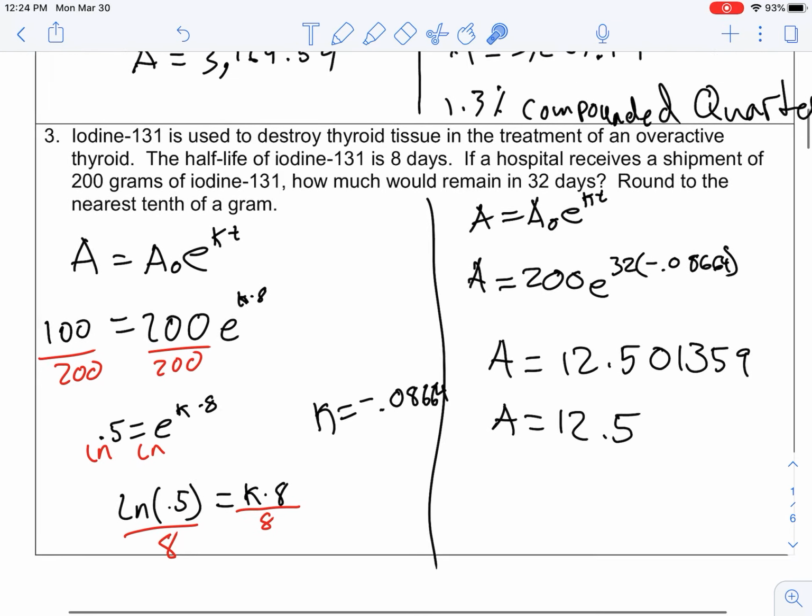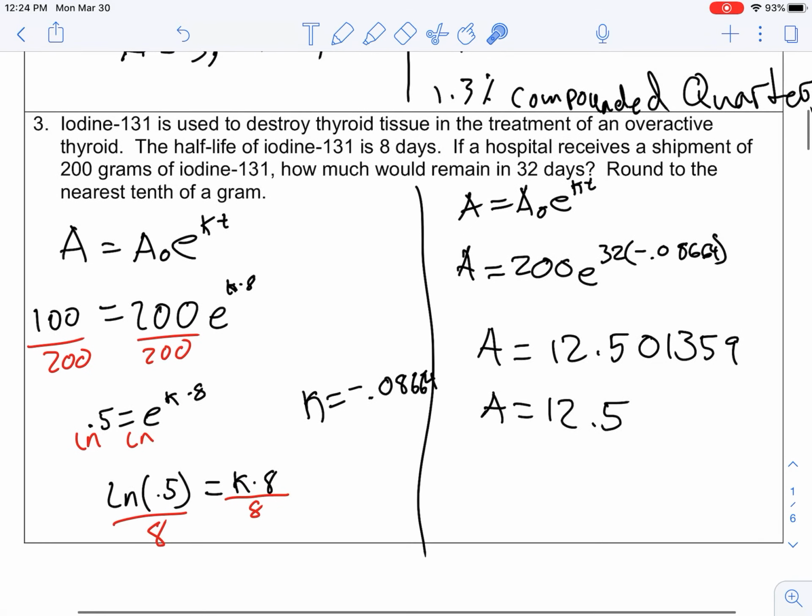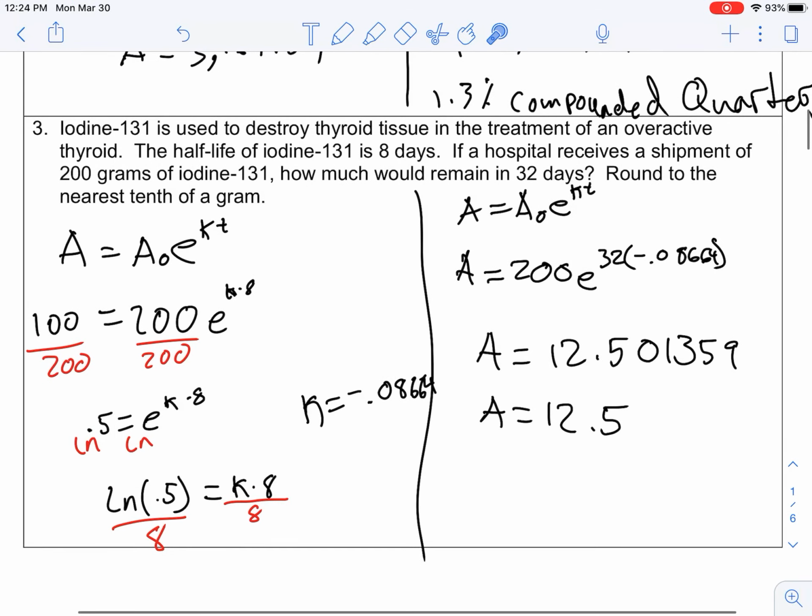All right, number 3, we're using half-life. And so essentially what I did in this side of work over here, I needed to figure out my rate. So this is our formula, right? Amount equals original amount times e, raised to the rate times time power.